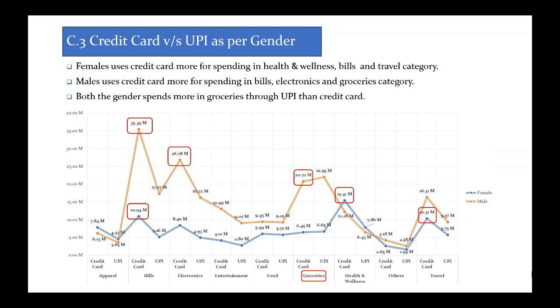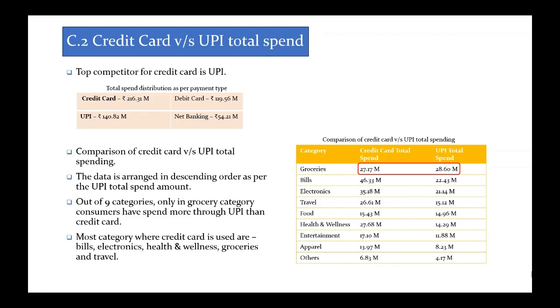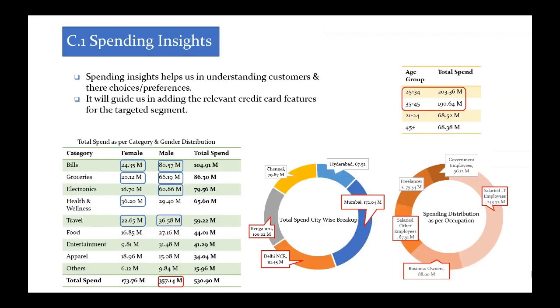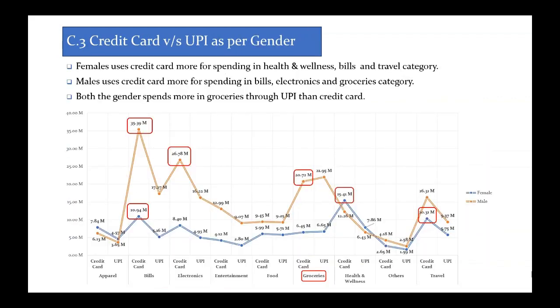Similarly, it shows the preferences of using credit card and UPI in every category. The major categories where females use credit card are health and wellness, bills, and travel. And for males, it is bills, electronics, and groceries.